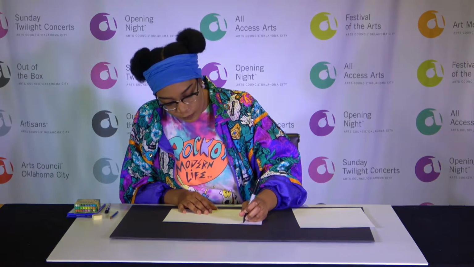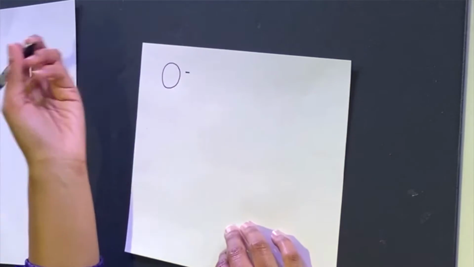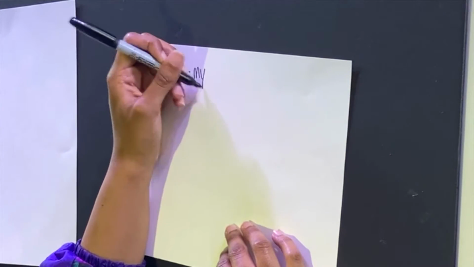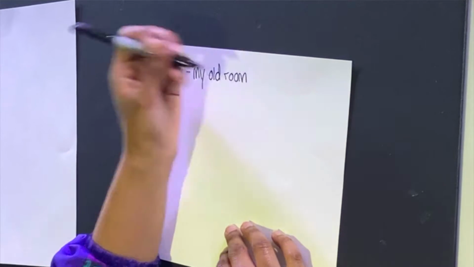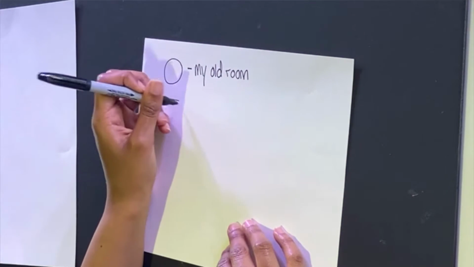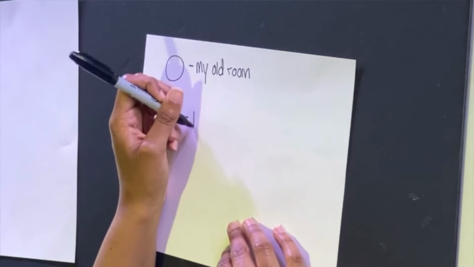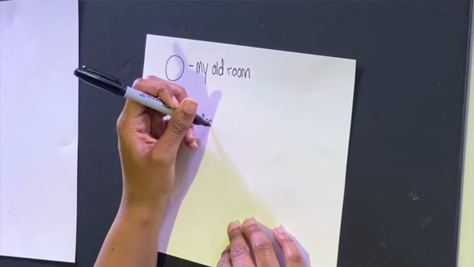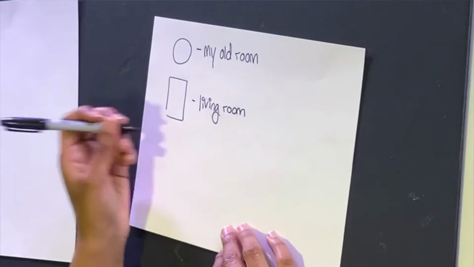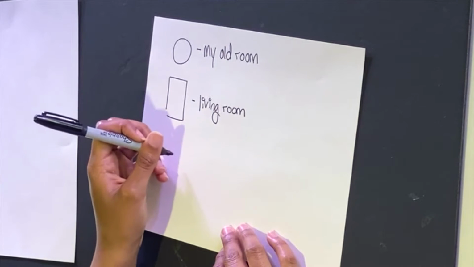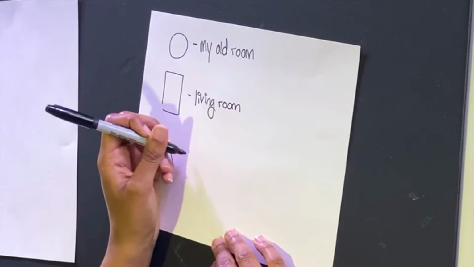So the round circle would be my old room. Maybe a rectangle for the living room. A triangle for the kitchen.